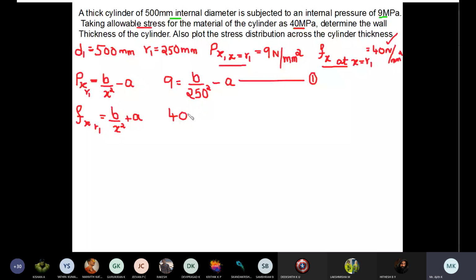Substitute it. 40 is equal to B divided by 250 square plus A. So we have two equations and two unknowns.